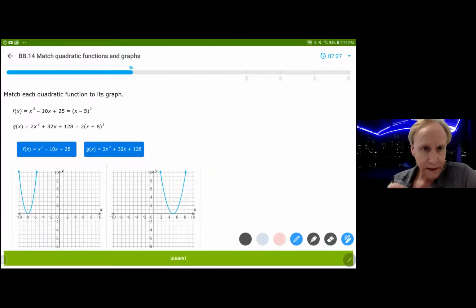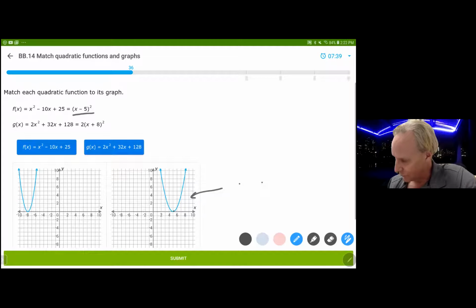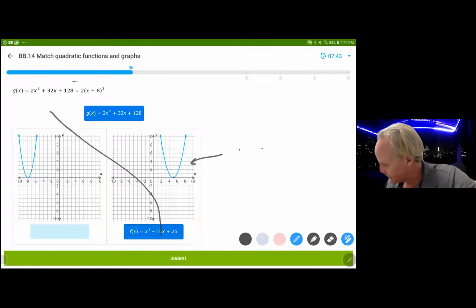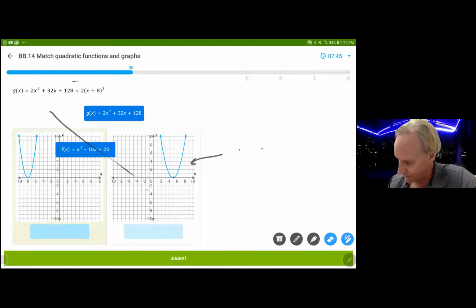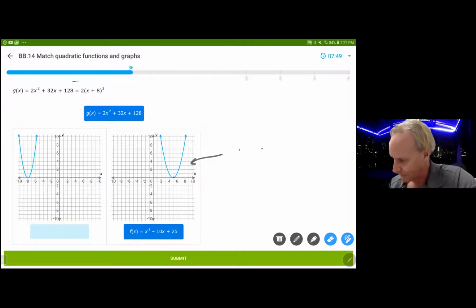Now this one has been translated 5 to the left, which put it 5 to the right, sorry, right here. And there it is. And we're going to put this perfect square trinomial over there. Darn it. There we go. Using my finger, that's what I get.